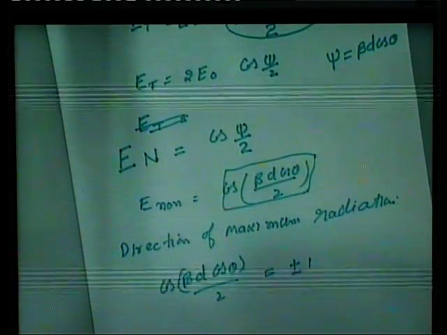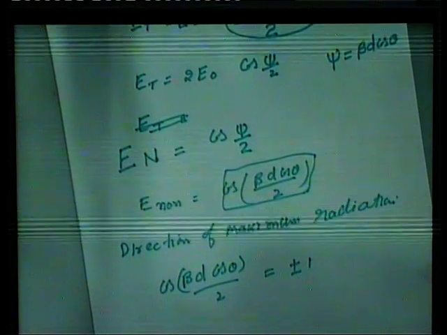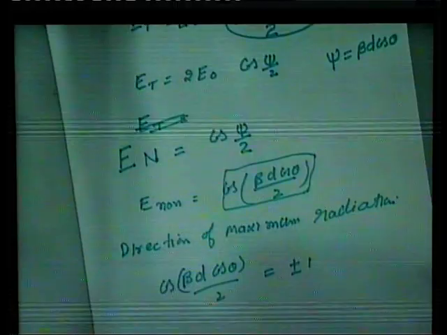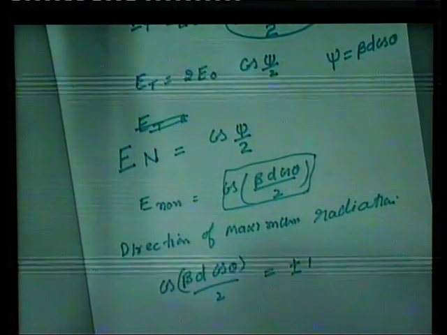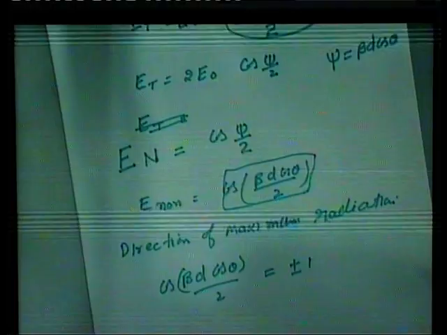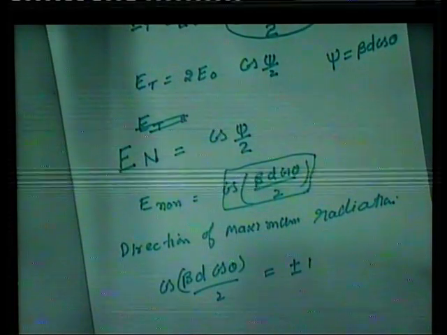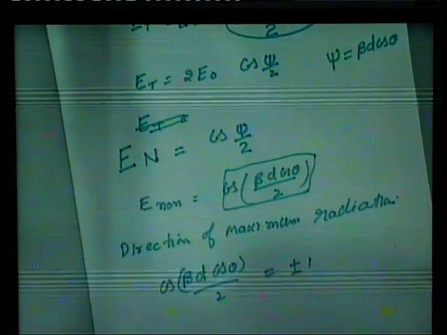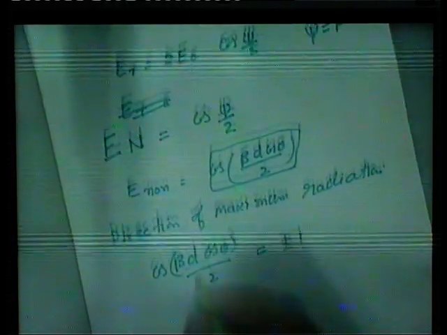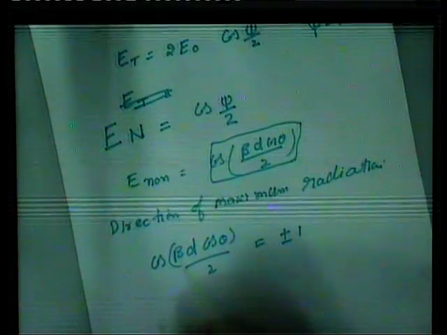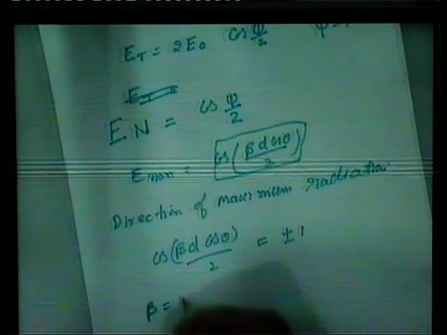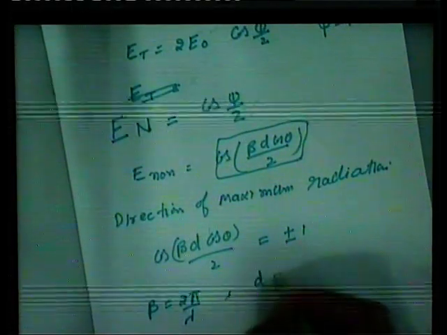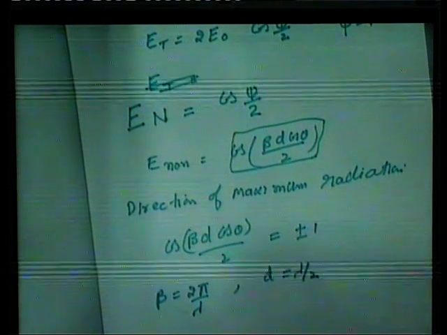So take beta equal to 2 pi over lambda. The spacing between the elements is lambda by 2, d equals lambda by 2.